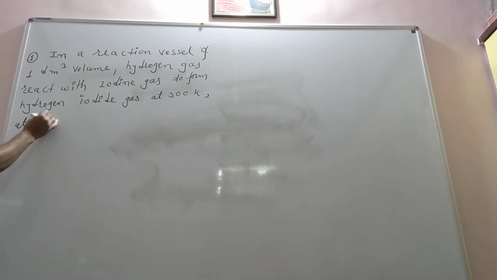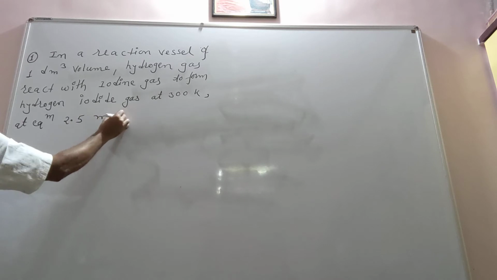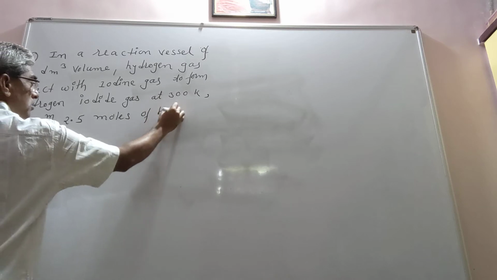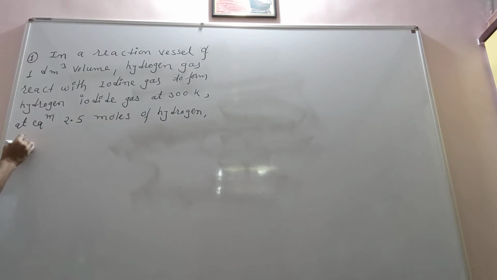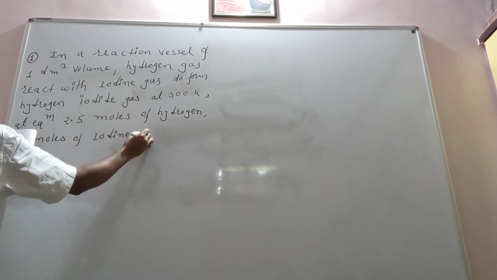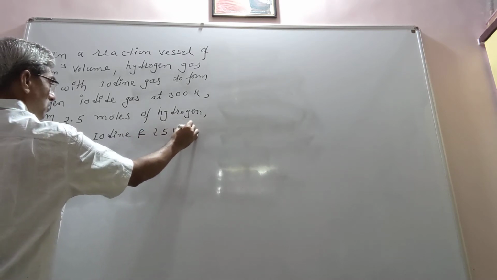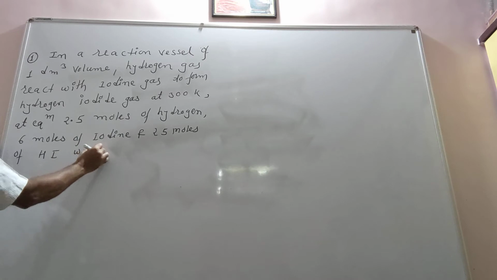At equilibrium, 2.5 moles of hydrogen, 6 moles of iodine and 25 moles of HI, hydrogen iodide, were found.